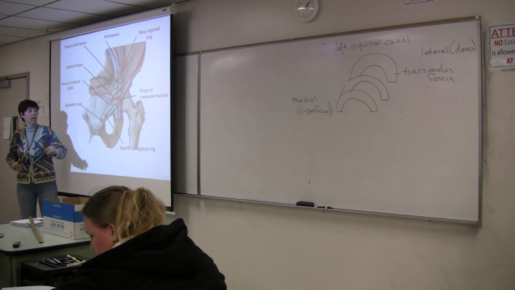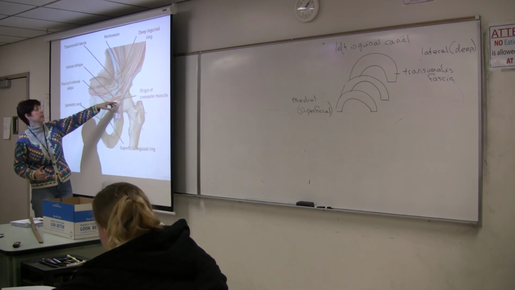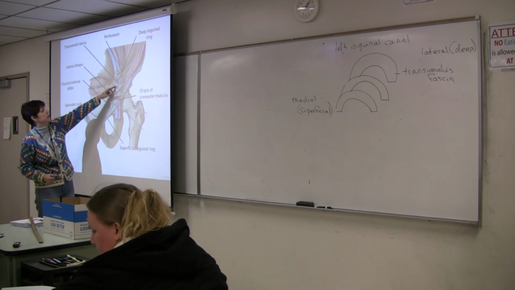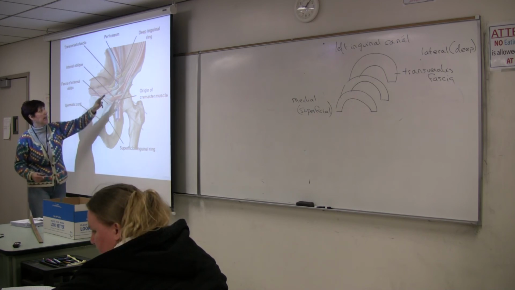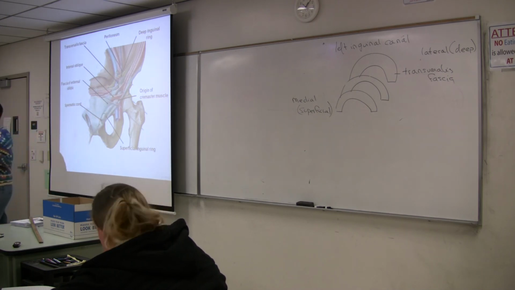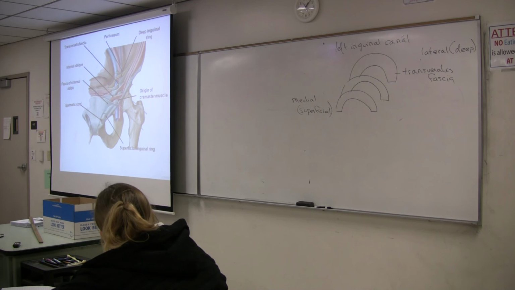Okay? The next layer is the internal abdominal oblique. Then we have transversalis fascia, and then we have the layer of peritoneum. All right, so each of these successively get pulled down into, then form the covering of the inguinal canal and the scrotum.